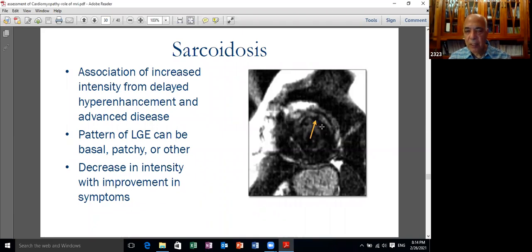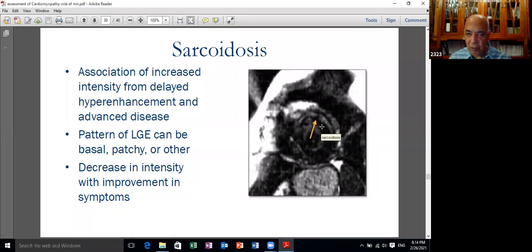Remember, in amyloidosis, in the early stages, you don't need to see circumferential enhancement. Part of the circumference alone might be involved, which creates some confusion. But obviously, we are not looking to pictures alone. We are looking to the picture and putting it in the context of the whole clinical situation, as in other forms of cardiovascular investigations. So sarcoidosis is patchy.